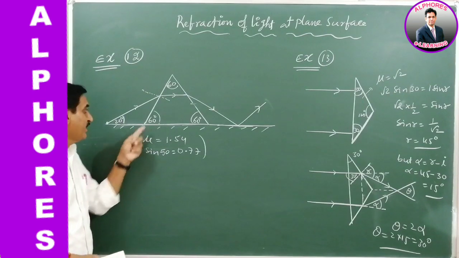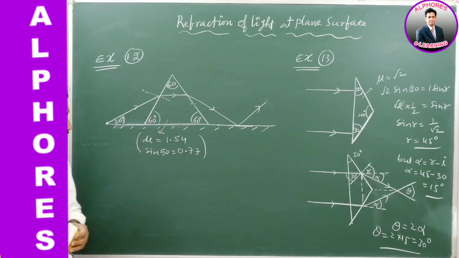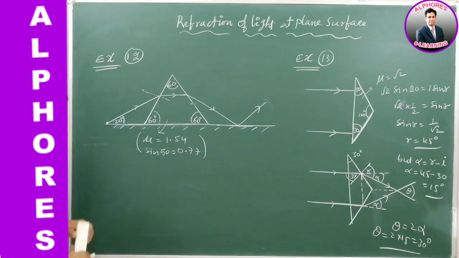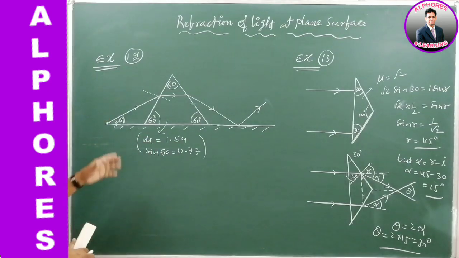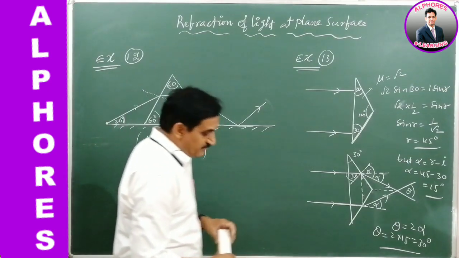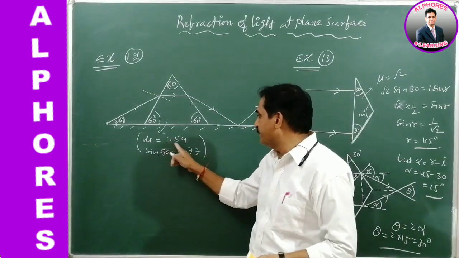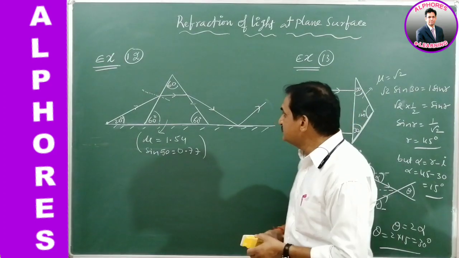Here the refractive index of the prism material is given, that is 1.54, and sine 50 degree is equal to 0.77. So this data is mentioned in the problem. Once again, there is an equilateral prism, whose refractive index 1.54, kept on a horizontal surface.